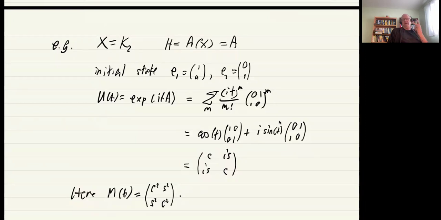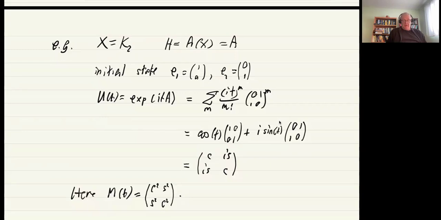So I was saying the two extreme cases would be when the column of M of t has one non-zero entry. Since it's stochastic, that must be 1.